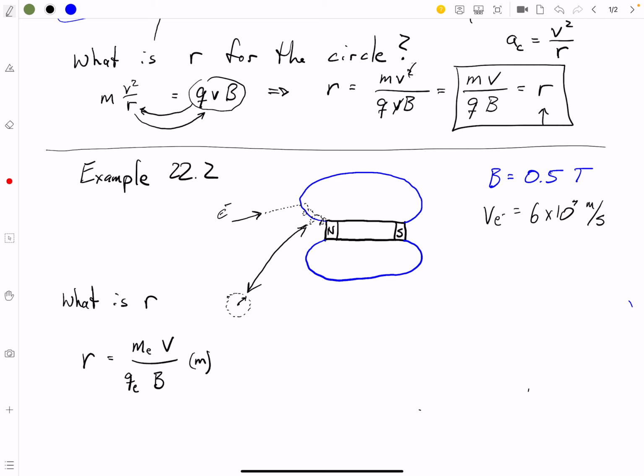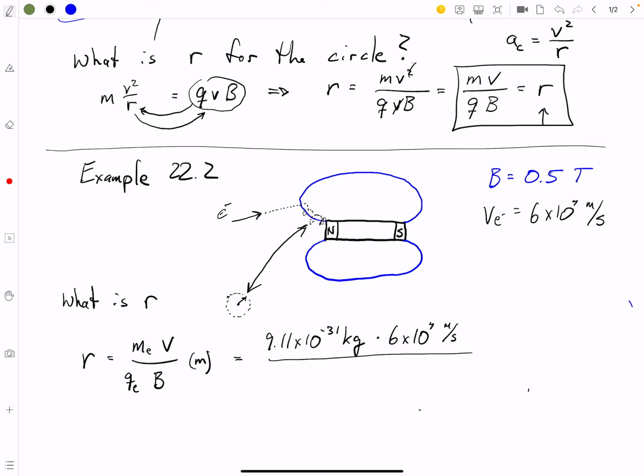Meters. Mass of the electron: 9.11 times 10 to the minus 31 kilograms. We know what our velocity is. We're going to multiply that by 6 times 10 to the 7 meters per second.